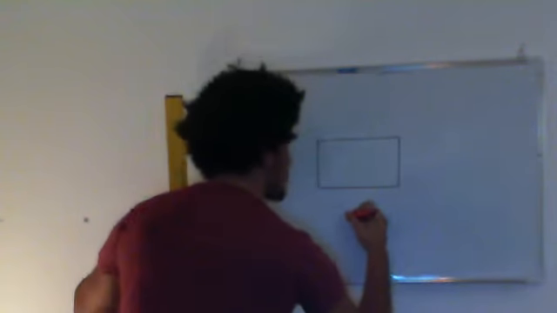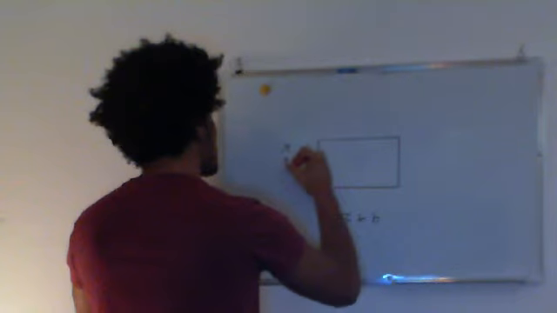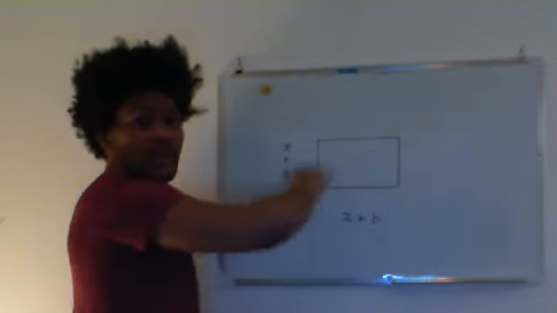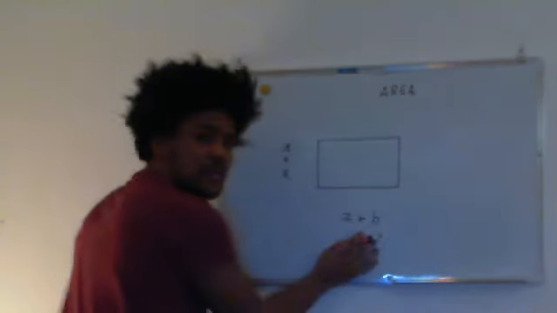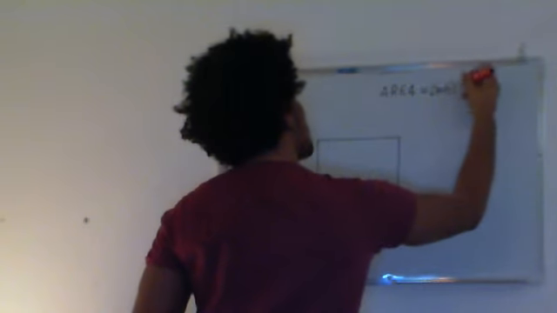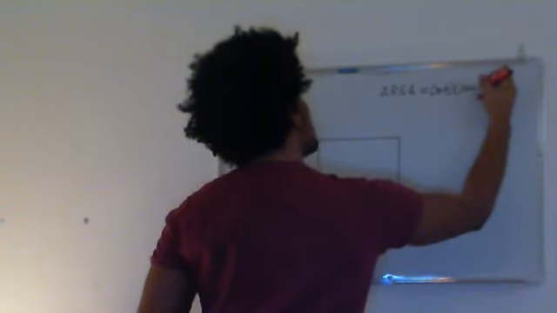So we have base x plus b, height x plus a, and then the area becomes the brackets to be expanded that we had before: x plus b times x plus a. Obviously base times height is the area of a rectangle.